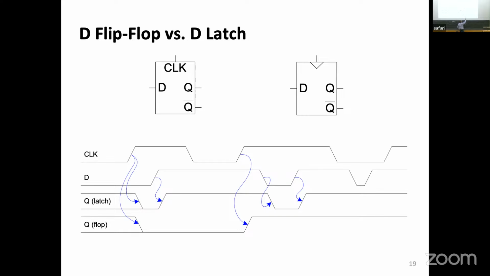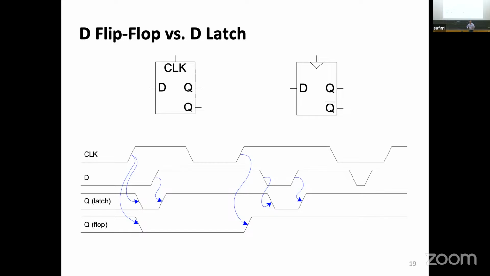And now I continue, the input changes again, but this time I'm not in the transparent mode. I'm in the part where the latch has already memorized. So D has been disconnected. We are in the loop. So at this point, even if the input is changing, the output of the latch is not changing.